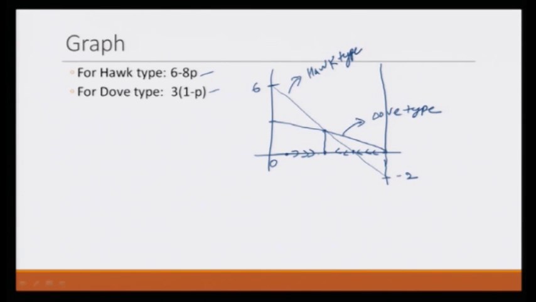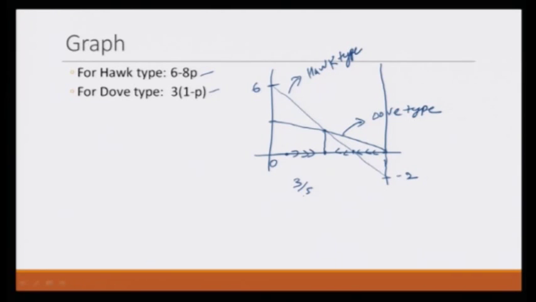With these payoffs, we don't know the payoffs exactly for a particular animal population, but these are made up numbers, and with these made up numbers we see that 3 by 5 of the whole population is hawk type and 2 by 5 are of dove type. This depends, of course, on the exact values of V and D.